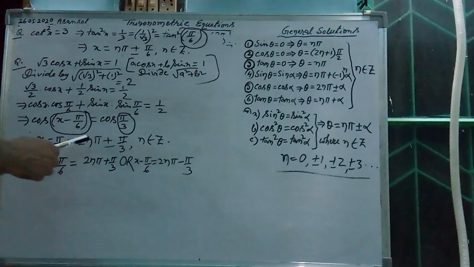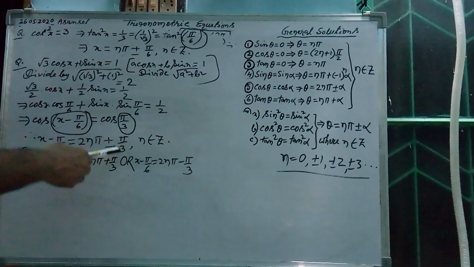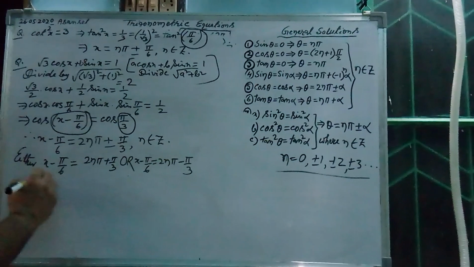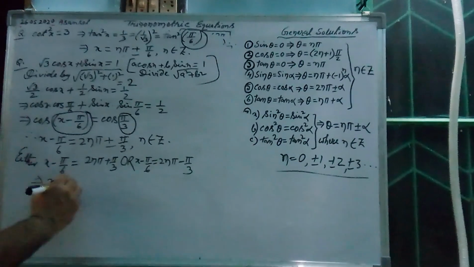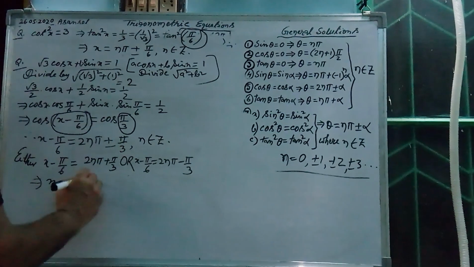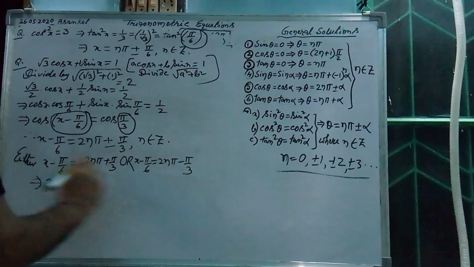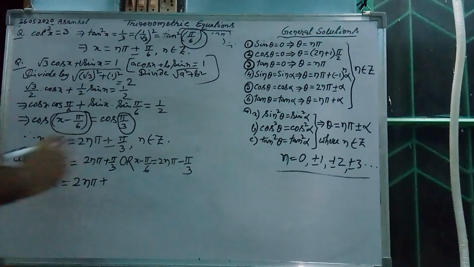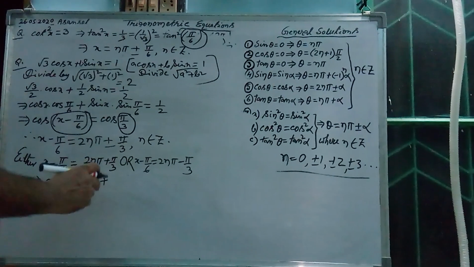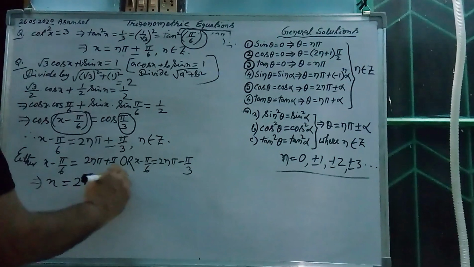If we solve, we will get x is equal to 2n pi plus pi by 3 plus pi by 6, that is equal to 3 pi by 6, that is pi by 2.